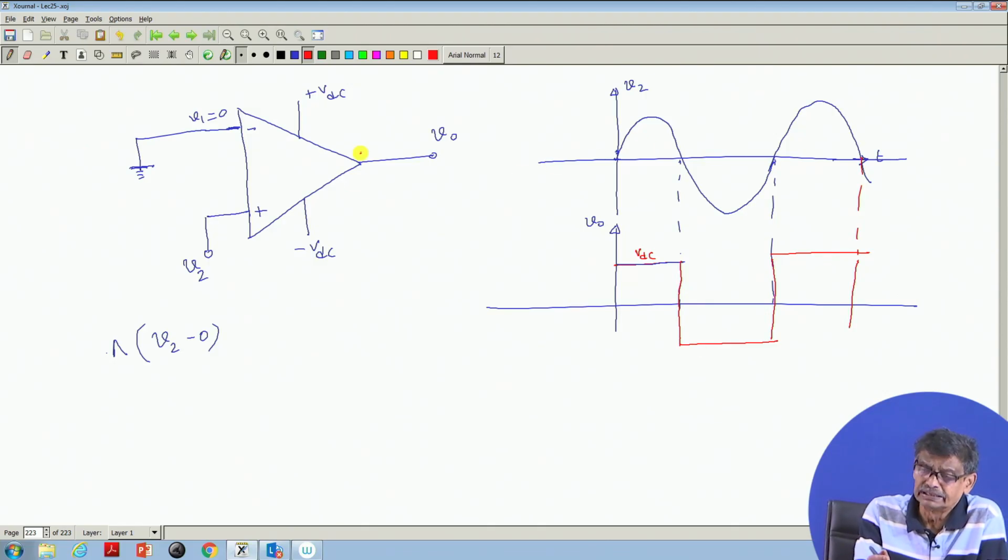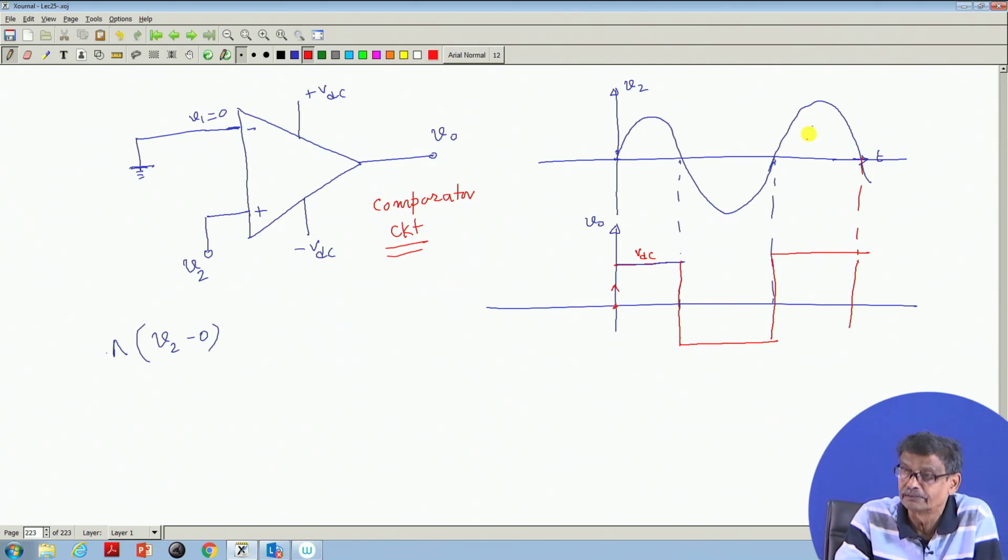Therefore, with this circuit, of course, you can convert a sinusoidal voltage to a square wave voltage. Such a circuit is called a comparator circuit. No feedback is used; it is a very much used comparator circuit, to get the idea of the zero crossing of this signal.